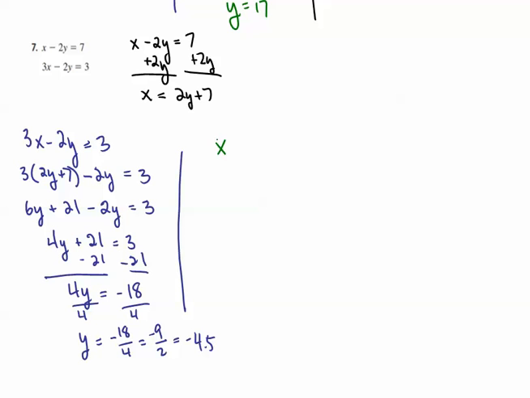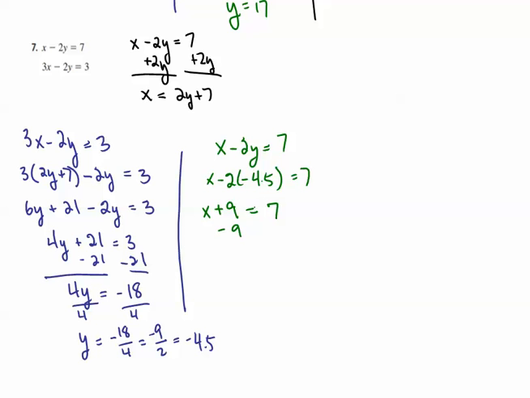Next, I use the first equation, then the second. I'm going to pick either equation to plug in y is equal to negative 4.5. Let's use the first. X minus 2y is equal to 7. X minus 2, I said y was negative 4.5, and that's equal to 7. Distributing, I get negative 2 times negative 4.5 is positive 9. X plus 9 equals 7.